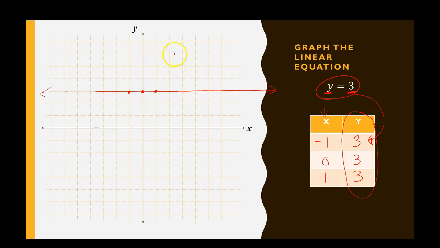So whenever I have y equals any number, that's going to give you a horizontal line. Okay, so y equals 3. I have no choice but to put 3's. It does not matter what your x is going to be. You're always going to get a horizontal line.